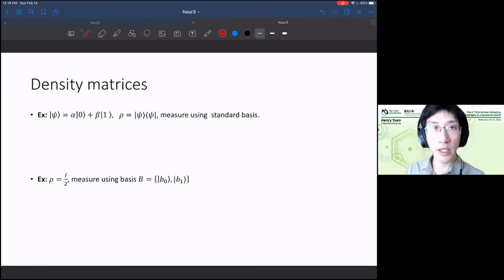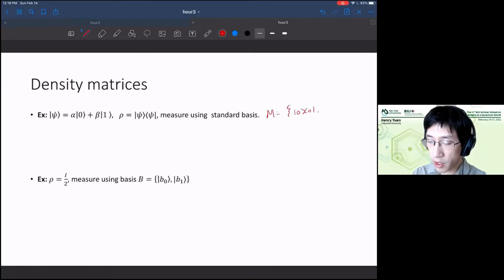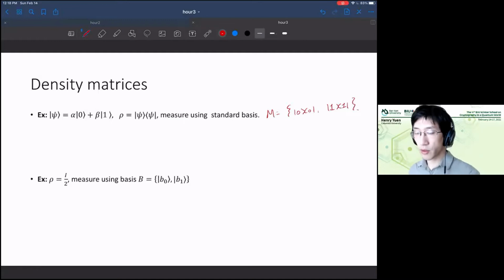Let's again consider a couple of examples, just so we see this in action. Let's say we have a pure state, a qubit psi equals alpha ket 0 plus beta ket 1. We form the density matrix corresponding to it, and let's measure in the standard basis. So the projective measurement corresponding to this would just be the outer product of 0 with itself and the outer product of 1 with itself.